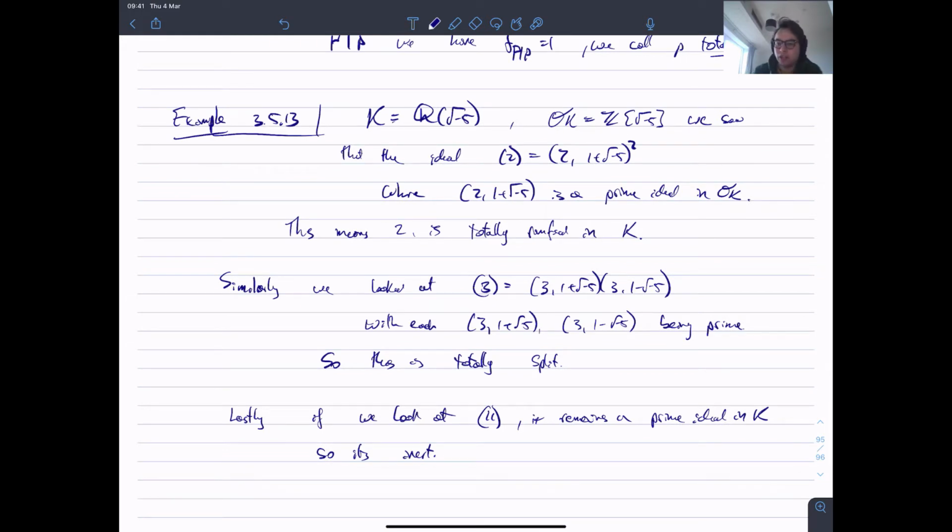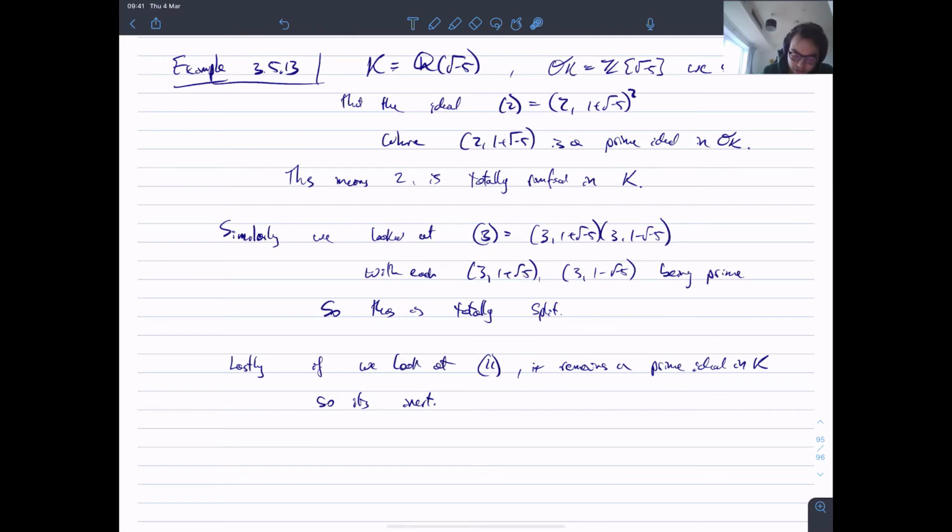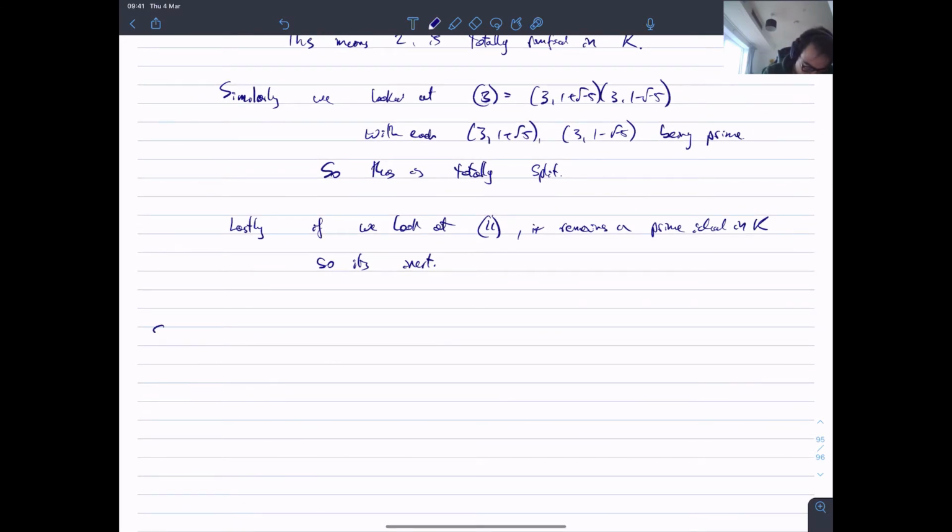But let's look at how to do this. How would you figure out these factorizations in general, or that this thing was inert? So let me do a more extended example, 3.5.14. This will be interesting. I'm going to let K be Q adjoined square root of 6.